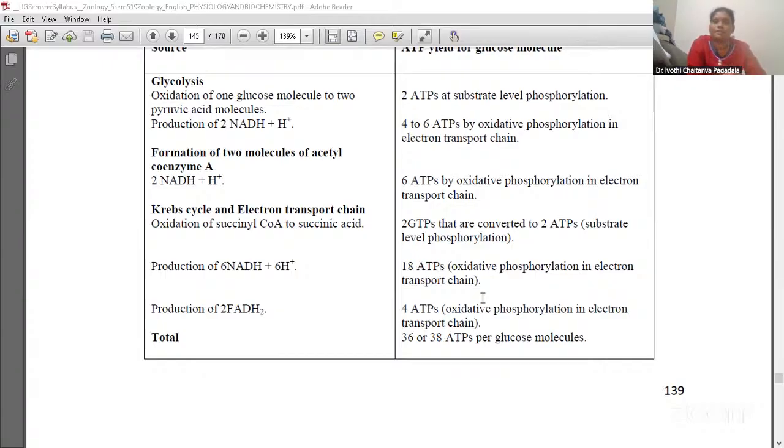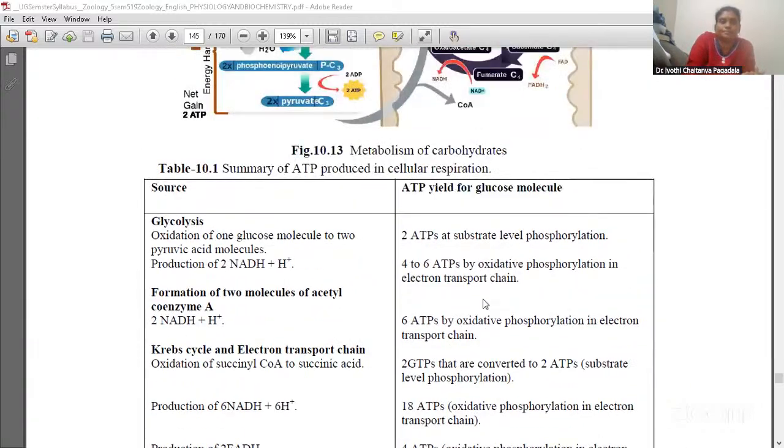Here the production of 18 ATPs. This is also an oxidative phosphorylation in the electron transport chain, where the production of 2 FADH2, there the releasing of 4. Here it is also energy.